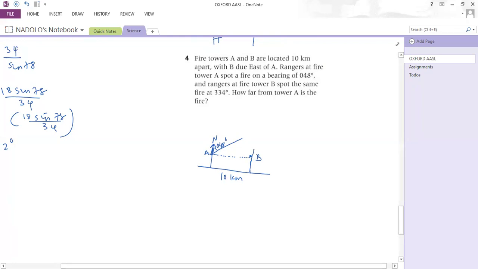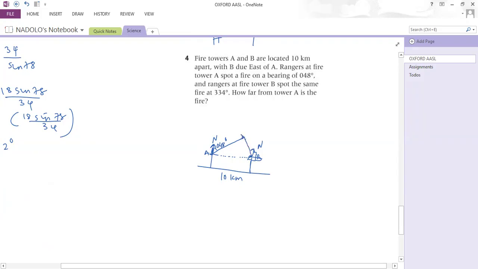So if you put a true north at B and you measure your angle clockwise up to 334, we will have 90 plus 90 plus 90, that is 270. And then you check how many degrees from 270 you are far from 334, and you get 64. So you have to measure 64 here.